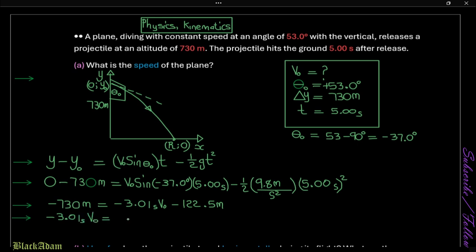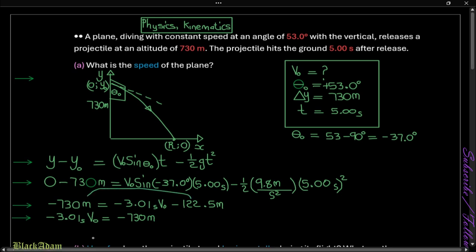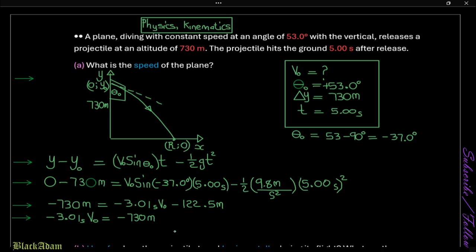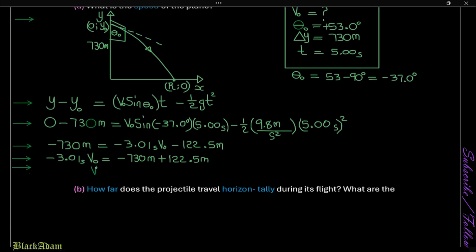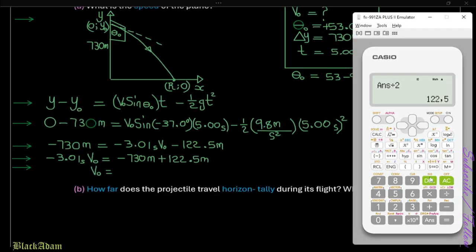Negative 3.01 seconds multiplied by the initial speed is equal to negative 730 meters plus 122.5, moving that across to the other side, so it becomes positive 122.5. Now we need to calculate the initial speed.